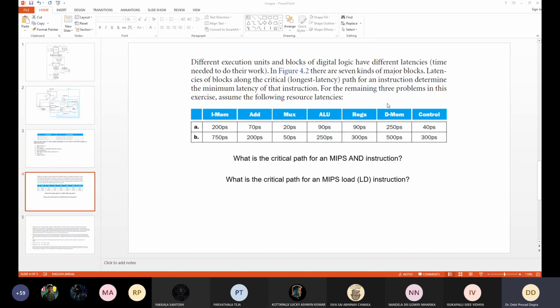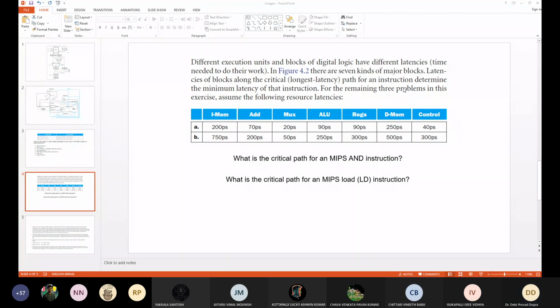Present, sir. 48 Praveen Kumar. 49 Satvik. 50. Hello, sir. Present. Okay. 51 Manoj. 52 Vinit. Present, sir. 53 Vamsi.